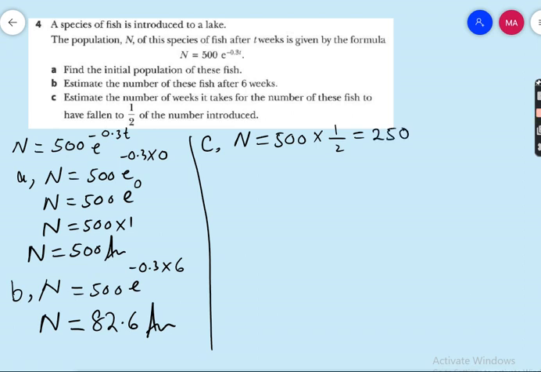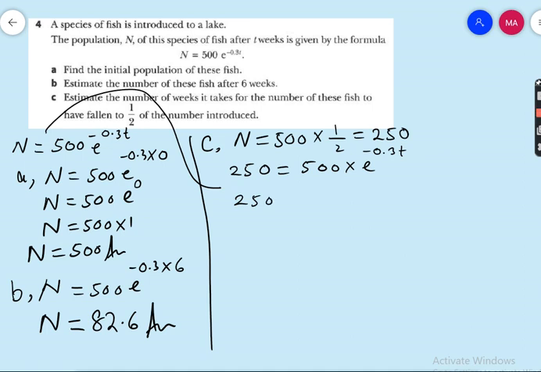So fallen to half means 250. So replace N in this formula: 250 equals 500 e power minus 0.3 t.